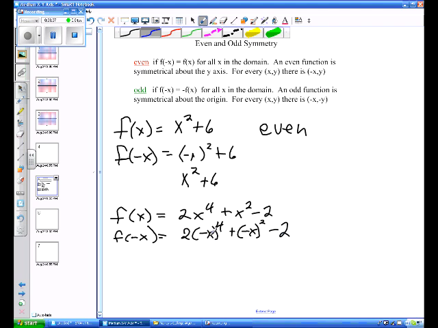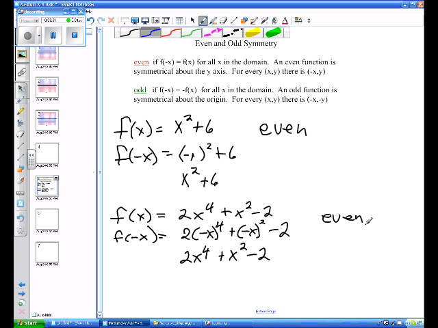If you raise a negative to the 4th power, you get a positive. So I end up with 2x to the 4th. Negative x squared is going to be x squared, minus 2. So again, I ended up with the exact same function that I started out with. So this again would be an even function.